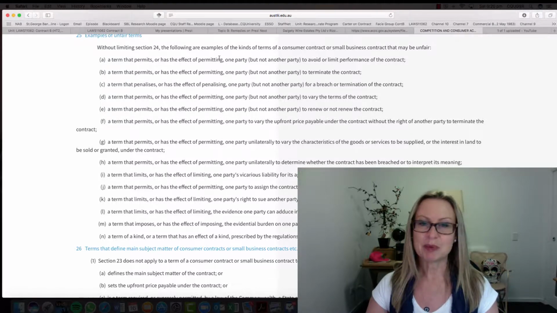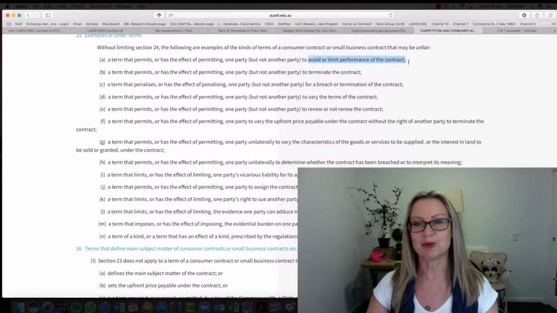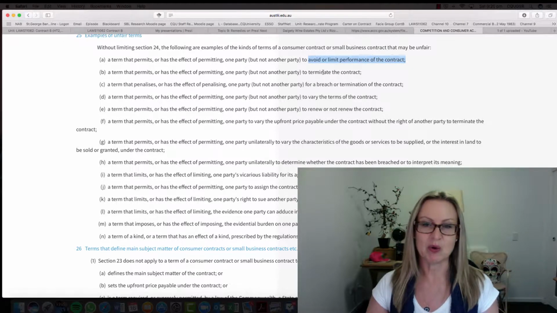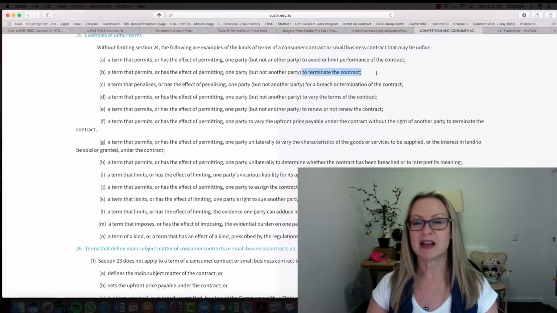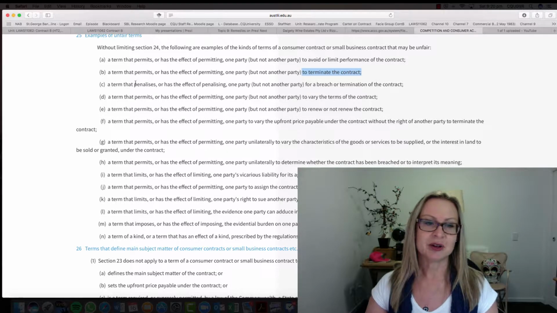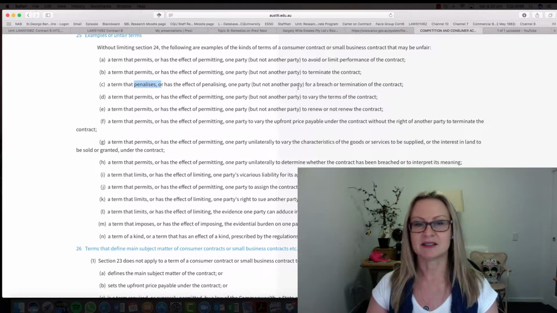So where one party can avoid or limit performance of the contract, they can basically do what they want. They can either perform, not perform, do as they please. Where one party can unilaterally terminate the contract, where a term penalises the other party for a breach.